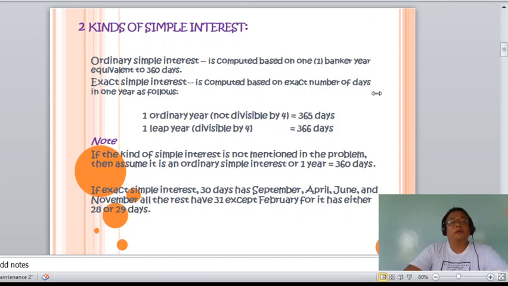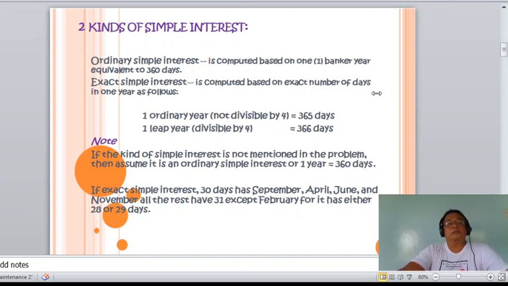But for a leap year, which is divisible by 4, the equivalent is 366 days. So take note that if the last 2 digits of the year are divisible by 4, that year is a leap year.